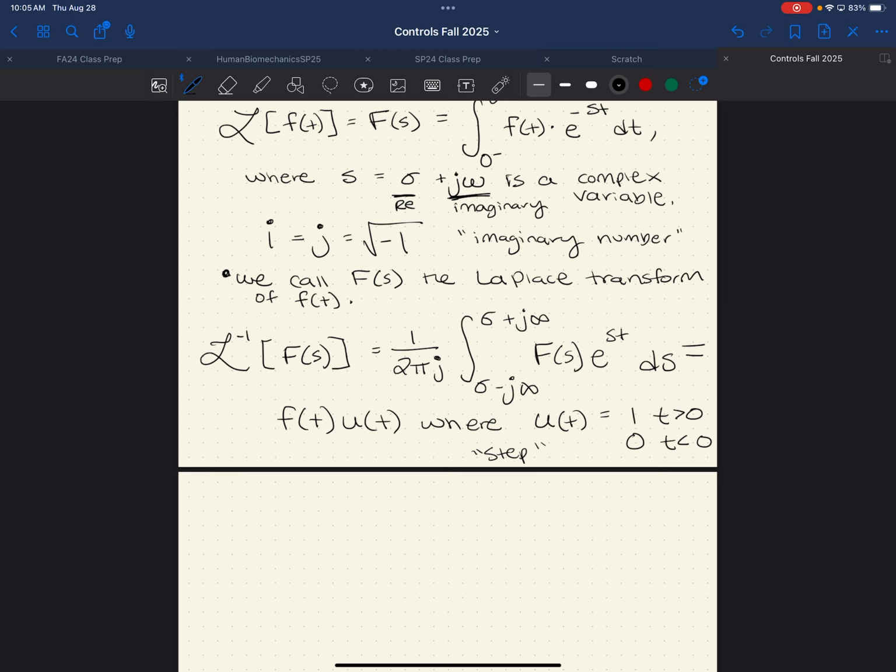Yes, so it has to do with that, and that gets to the 0 minus issue. The Laplace transform does the integral starting from 0 minus, which means just to the left of 0, an infinitesimal bit to the left. If there were a plus on it, it would mean infinitesimally to the right of 0. We talk about this in Calc 2 when we're talking about limits that exist or don't exist.